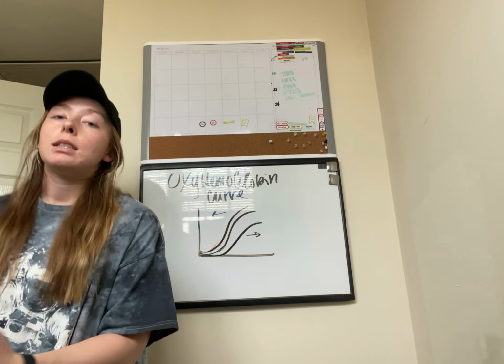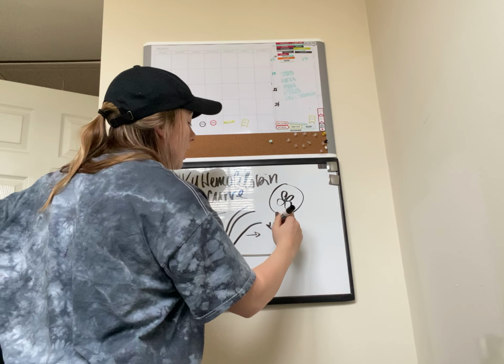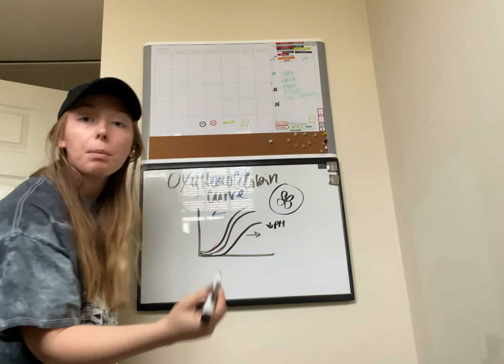But this is not a direct concept with that, because the oxyhemoglobin is us thinking about the hemoglobin that we have. We're going to say this is a fully saturated hemoglobin. And so when we start exercising, we're going to have a decrease in pH, meaning it's going to become more acidic.